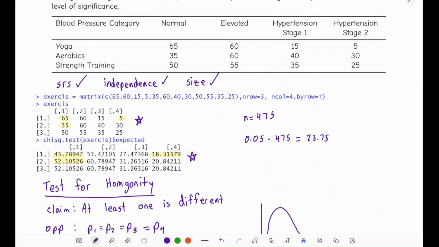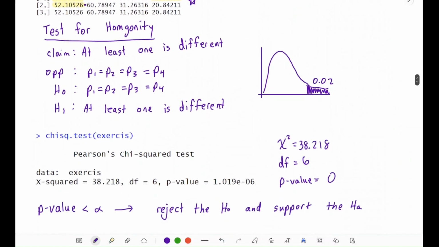Lower, I meant lower. So how am I getting that? Well, so for yoga, I expect it to be 45, but it was actually 65. That's why I said higher. And then this, I expected to be around 18, but it was actually 5, so that's why I said lower. I expect this to be 52, but that was 35. That's also why I would say lower. So all of this is going to play into our conclusion.